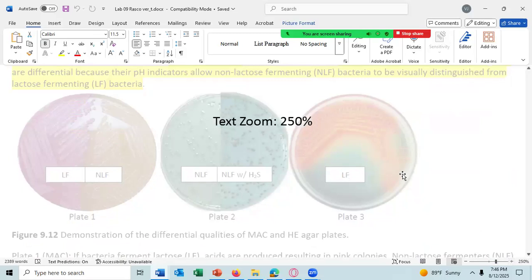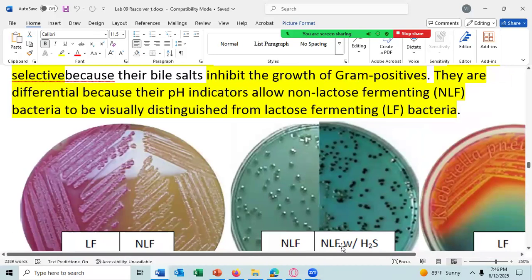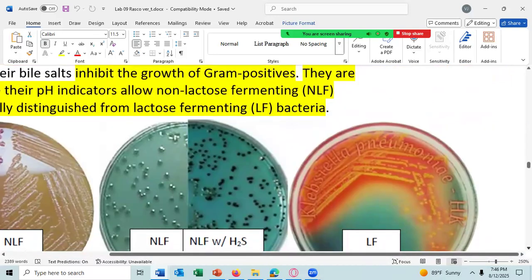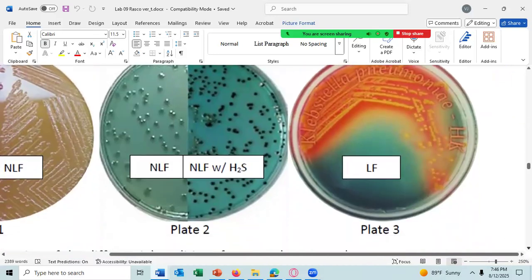I think I see some yellow in this region and that region there, in this region here. All right, any questions about growth on MAC and HE?